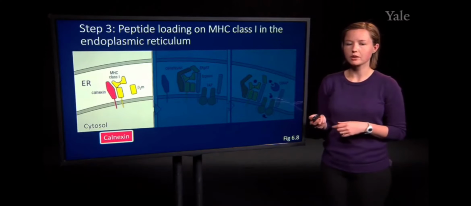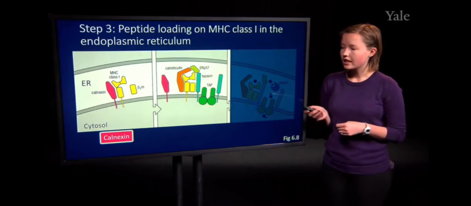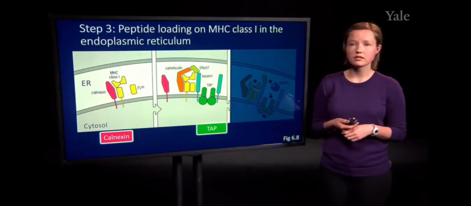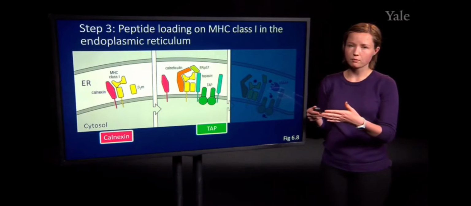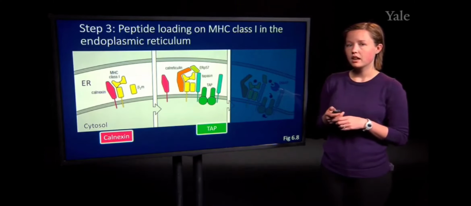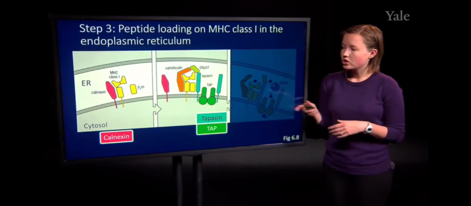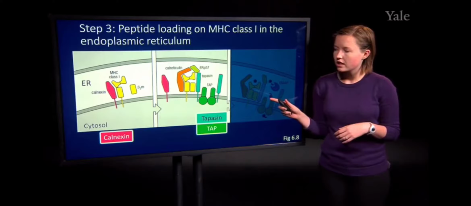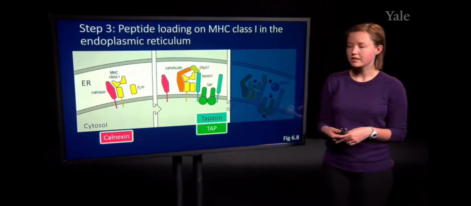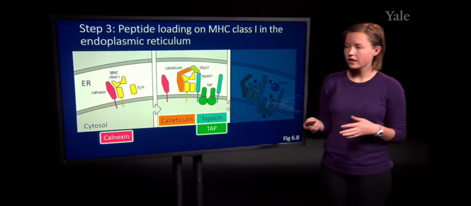And then when we move over to this next panel, we can recognize this TAP protein, which we just talked about, which is necessary to move peptides from the cytosol into the endoplasmic reticulum, alongside a whole bunch of other proteins, such as tapasin, which is another chaperone protein that is facilitating interactions with MHC class 1 and keeping it stable. We also have calreticulin, which is doing the same thing. It's keeping the MHC class 1 stable.